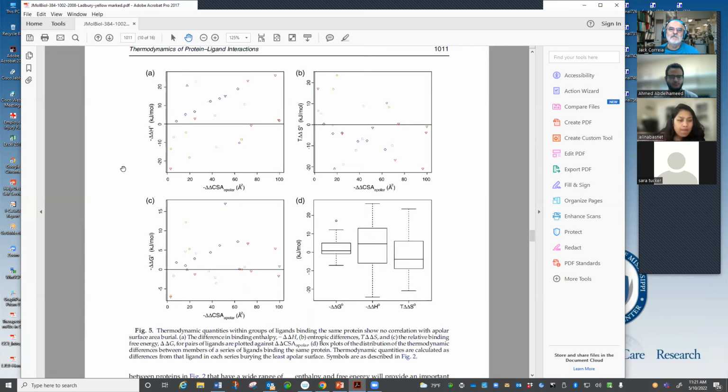They're doing the same sort of thing. They're asking what's the change in enthalpy, and what's the change in entropy, and what's the change in free energy. So remember, this is compared to one another. How are all of these drugs binding to the same site different?